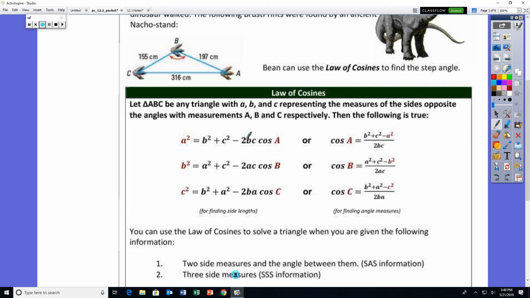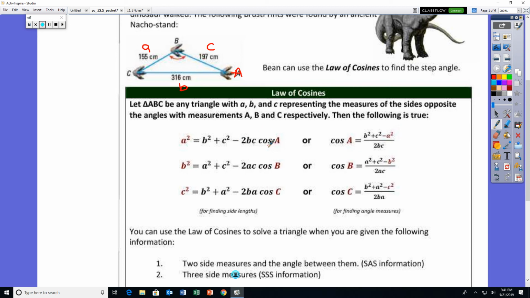Alright, so these are actually both the same equation, it's just manipulated in two different ways. On the left-hand side here, we can use this if I'm trying to find a missing side. For that, I would need to know what two of the sides are, and I would need to know what angle A is. So again, if this is A, this side is little a. If angle C, angle B, little b.